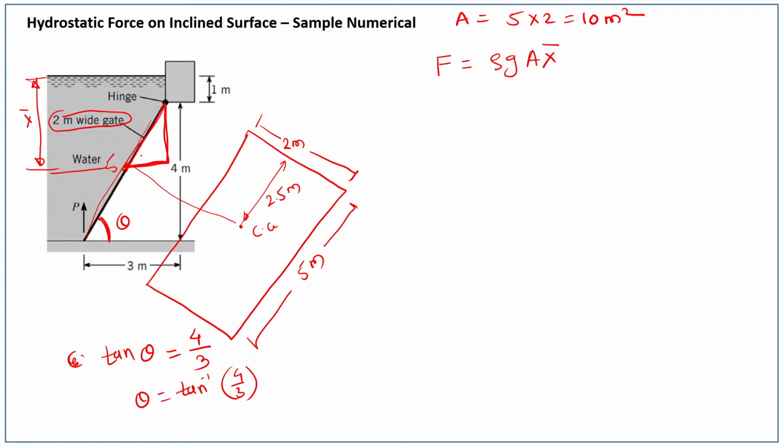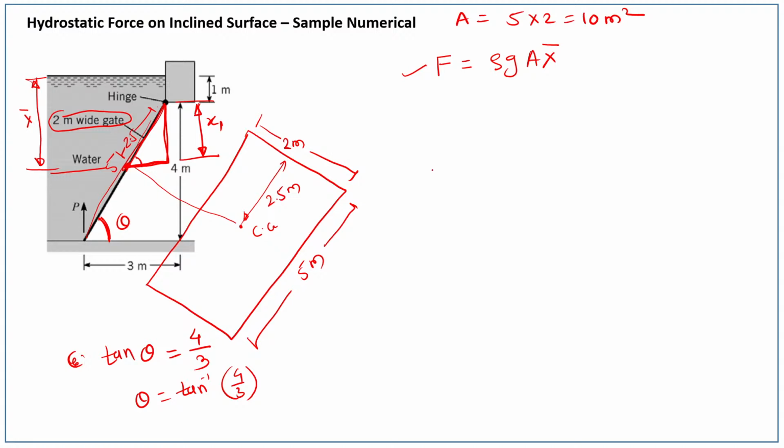By using this triangle, you can find this vertical distance. Let us consider this vertical distance is x1. Because this distance is 2.5 meter and you know the angle, you can find x1. Once you get x1, you can easily find x bar, and by using that x bar, you are able to find the hydrostatic force.